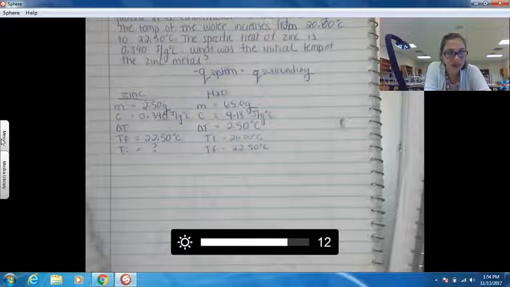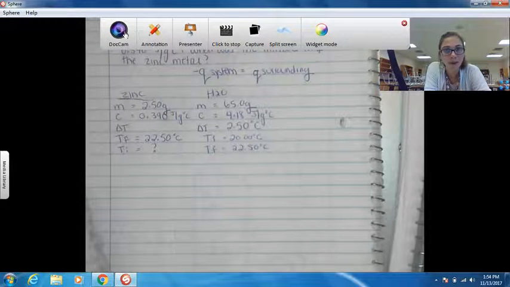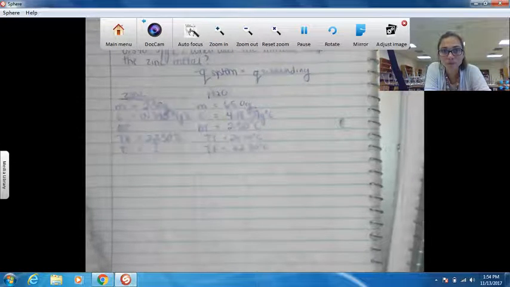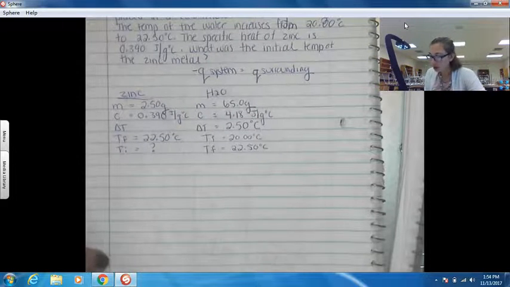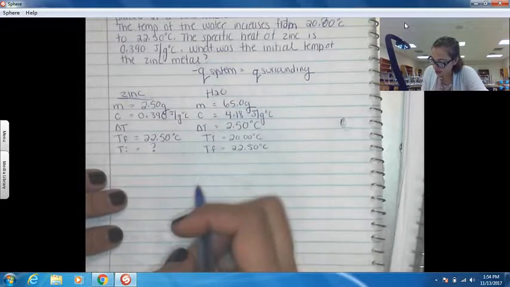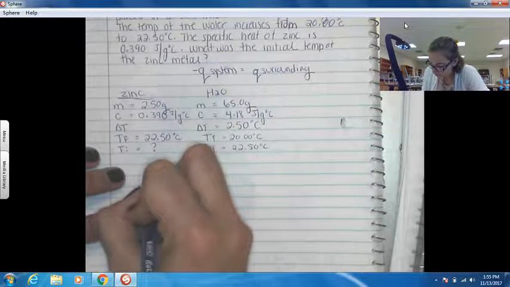Okay, so our system is on the left-hand side, and that is our zinc.